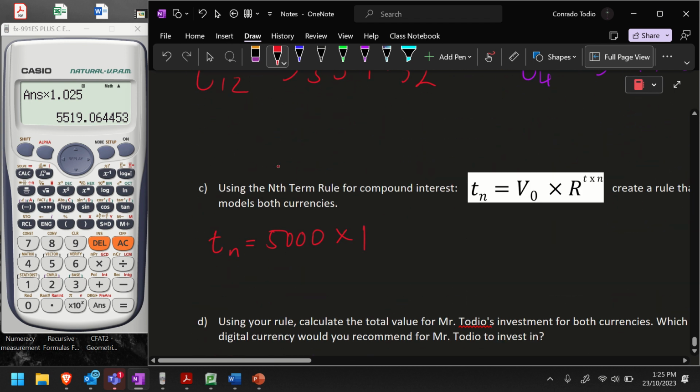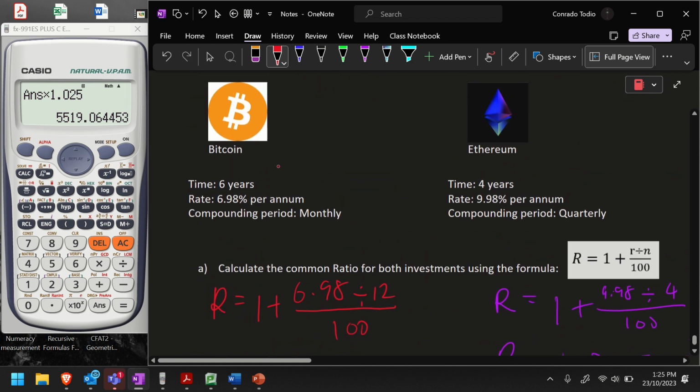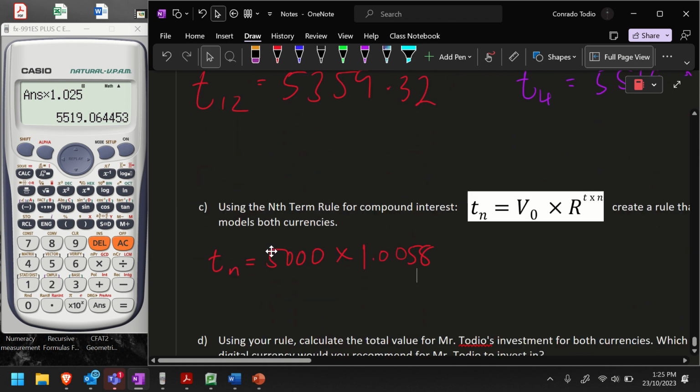So we're going to go 1.0058, and then to the power of t. So if you look at this question, what's the time? 6. So t is going to be 6. And then all you got to do is leave n because we don't know what n is for the rule. N is what you'll be changing. Okay, so we'll leave it at that.